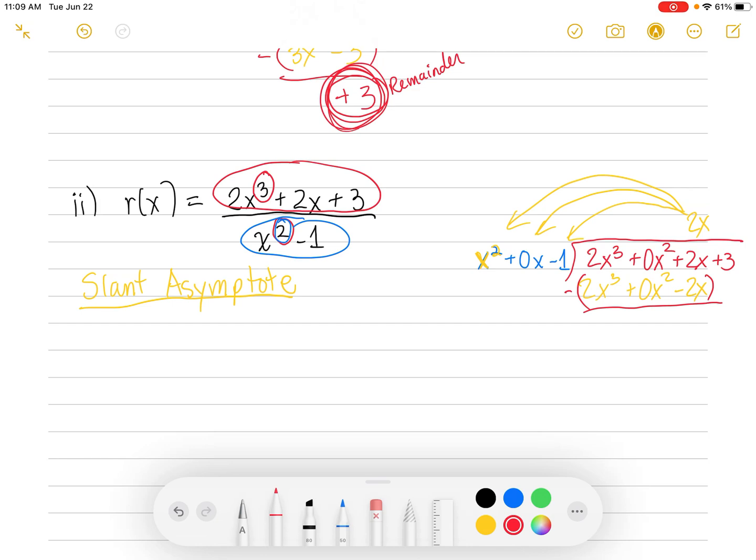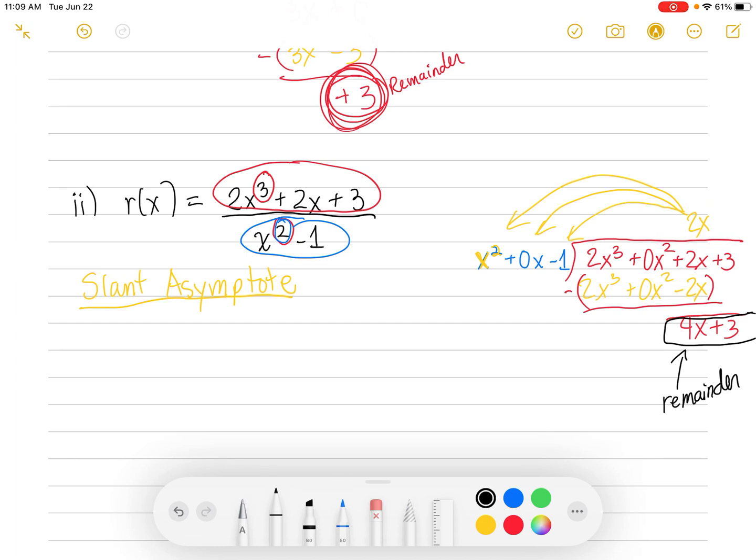Then now we're going to subtract that from all our red stuff above it. So the 2x cubed minus the yellow 2x cubed is going to cancel. The 0x squared minus the 0x squared doesn't contribute anything. But when I do 2x minus a negative 2x, it's going to give me a 4x. And then I have a plus 3. Now this 4x plus 3 here is going to be my remainder.